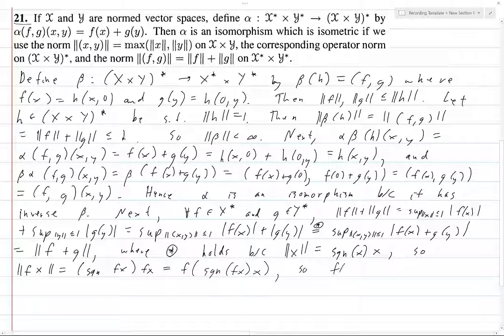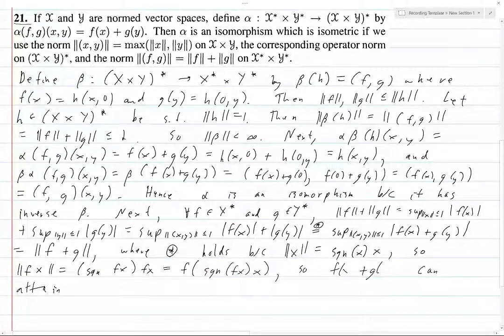So f(x) plus g(y) can attain the supremum for all x, y here.